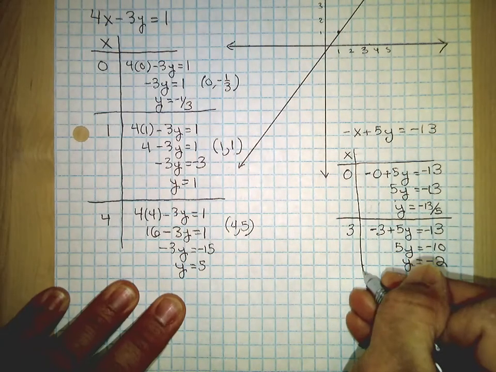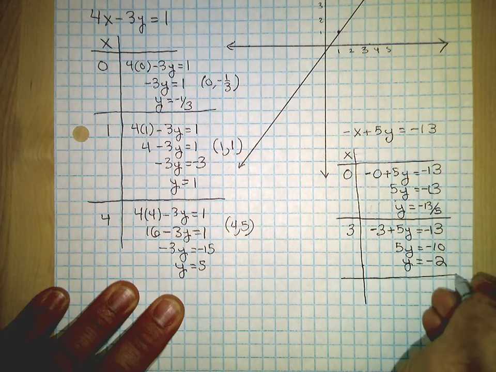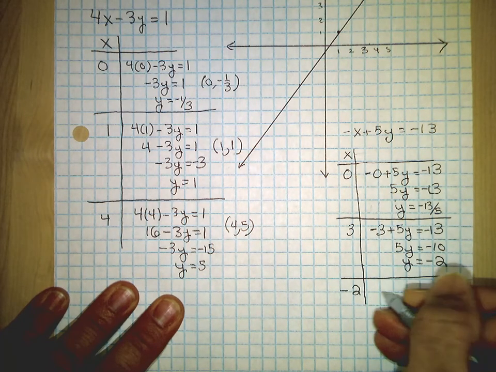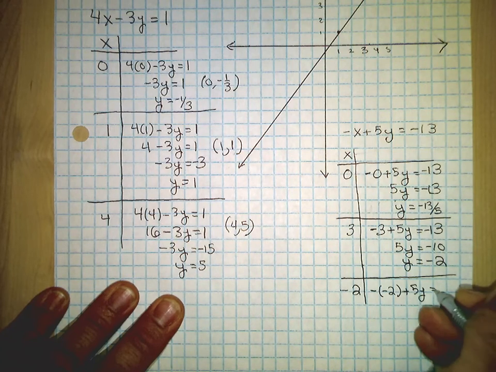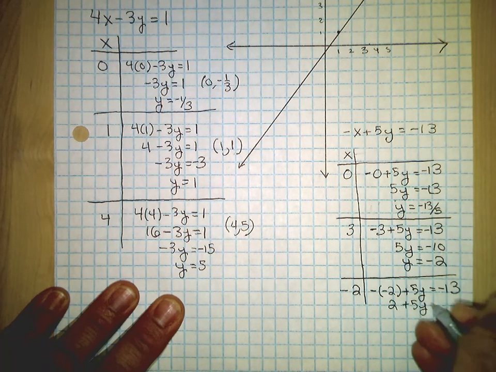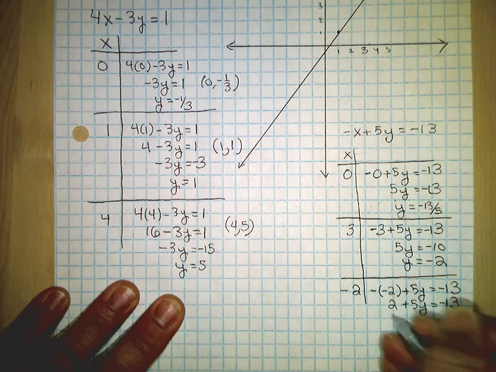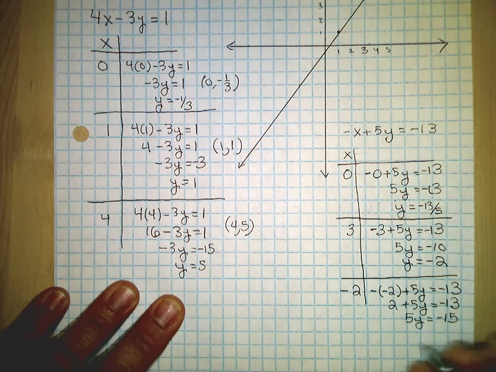Right, so that is a good choice here. And let's go with, say, negative 2. So negative negative 2 plus 5y is negative 13. So 2 plus 5y is negative 13. Subtract the 2, so 5y is negative 15. Divide by 5, so y is negative 3.